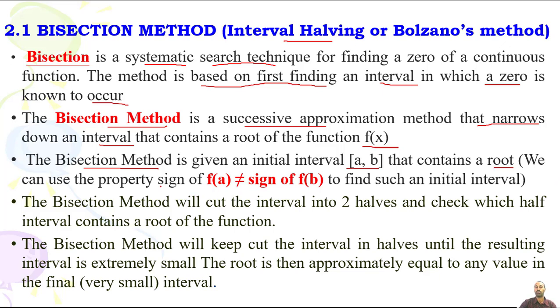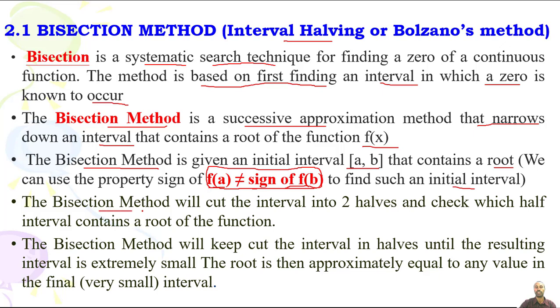We can use the property that the sign of f of a is different from the sign of f of b, which means the product of f of a and f of b will be less than 0, which means negative. So to find such an initial interval, we will use this sign change: f of a and f of b should have different signs.